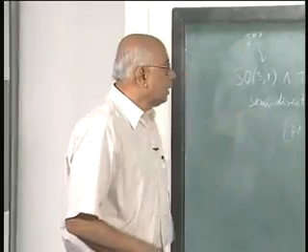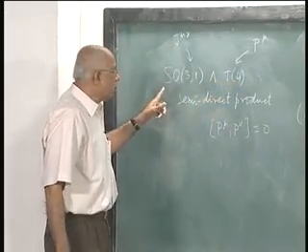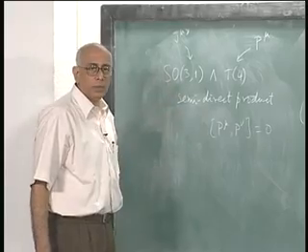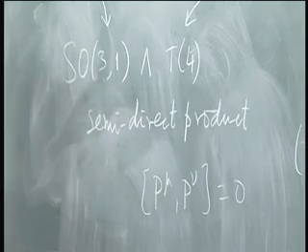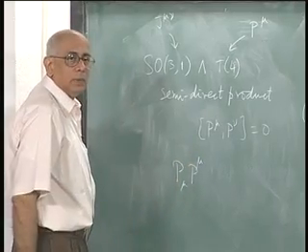Okay. Now this is a more complicated algebra than that one, but it turns out that there are 2 Casimir operators here. One of them is easy to write, it is just p mu p mu.